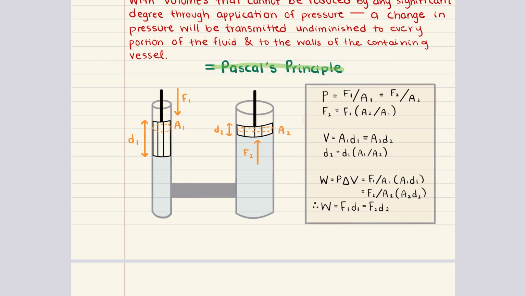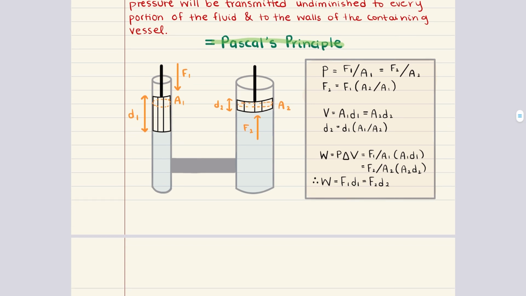These hydraulic systems are used in a variety of machines, from car brakes to heavy construction equipment like cranes and bulldozers. So let's take a closer look at how a simple hydraulic lift works.